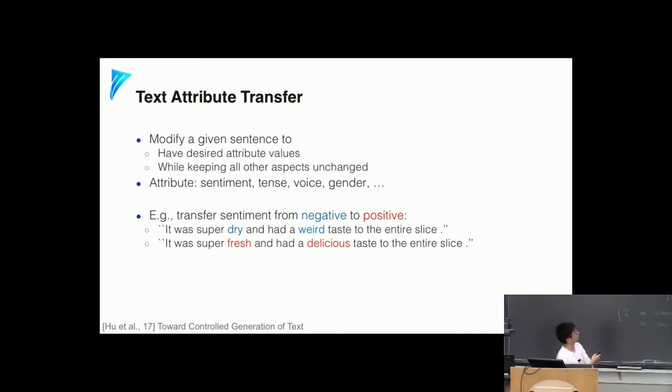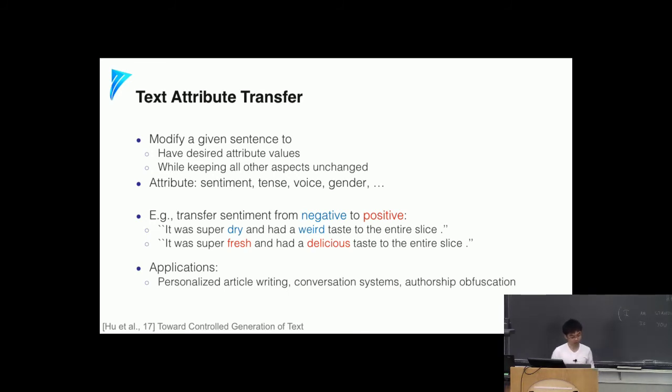So we modify these 2 keywords from negative to positive, but keep all other aspects the same. And the applications of this setting include personalized article writing, conversation systems, and many other applications.